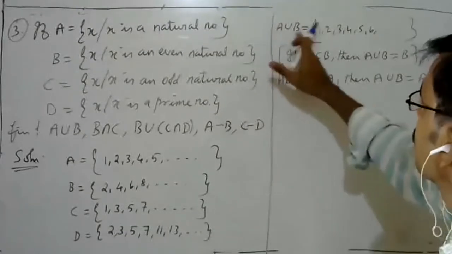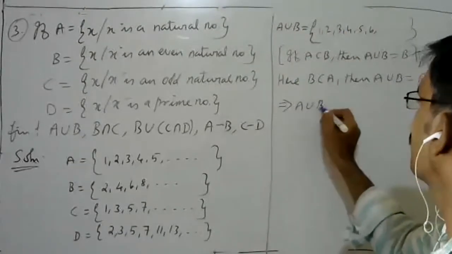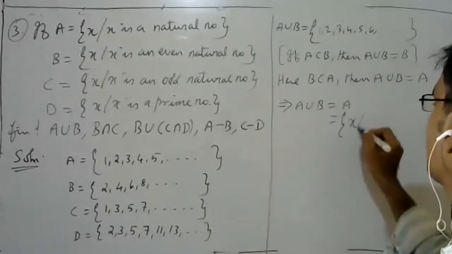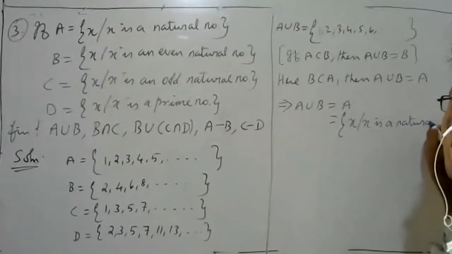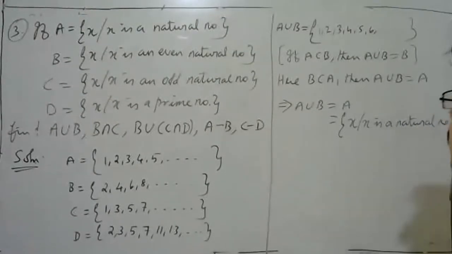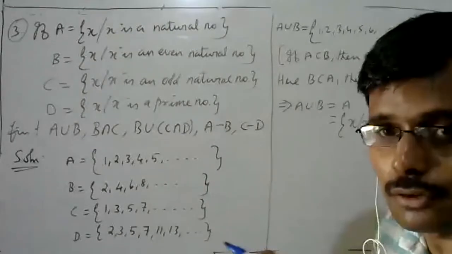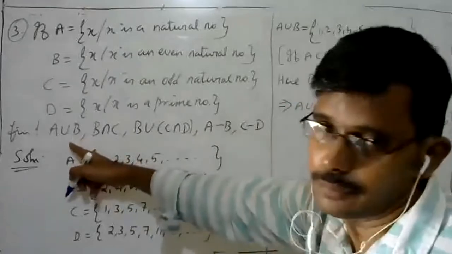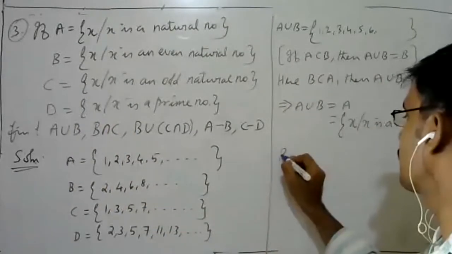Which implies my A union B is equal to A alone. What is my A? A is set of all x, x is a natural number. What is my A union B? Again I am getting the set of all natural numbers. That is my A union B. That is the first question. Okay, come to the second question. B intersection C.